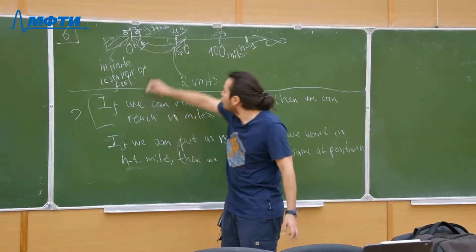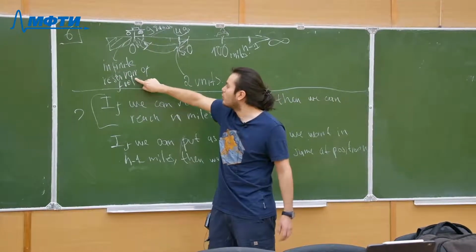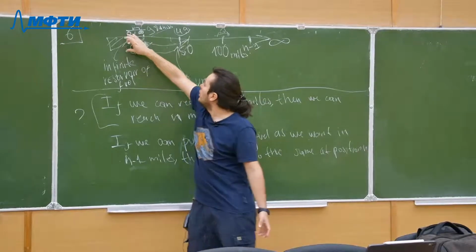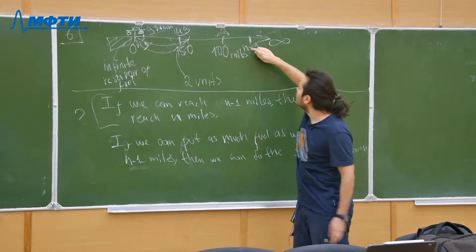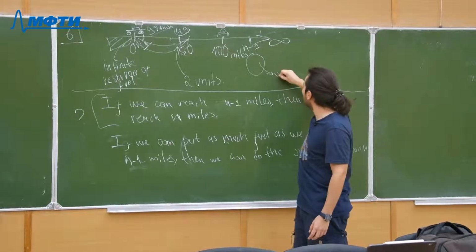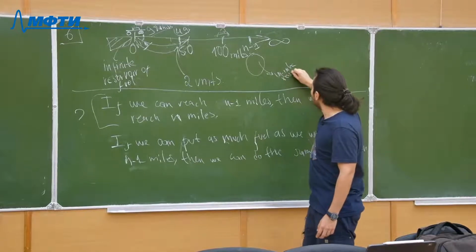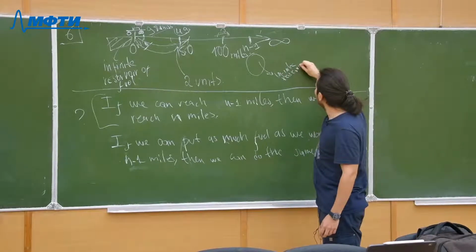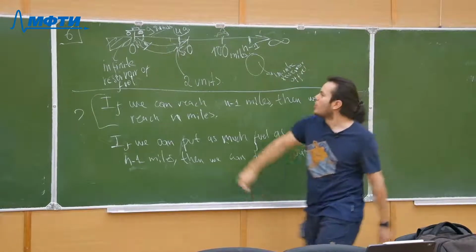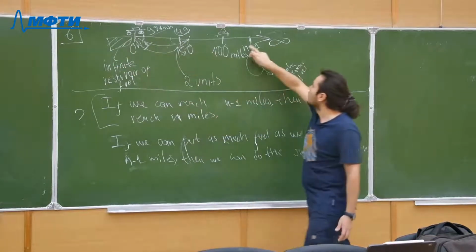So remember that we have here an infinite reservoir of fuel. So we can take as much fuel as we want, and we can go to this point and create some kind of infinite reservoir of fuel as well, so that we can take as much fuel as we want from this point, to n minus 1.